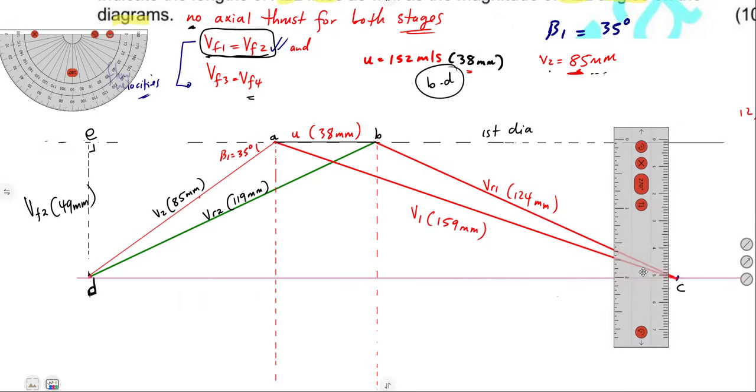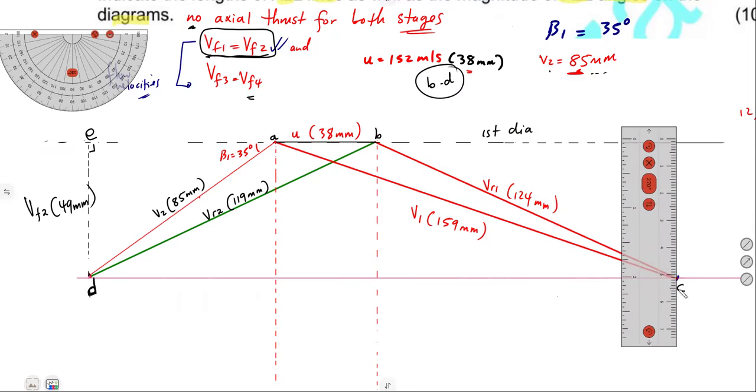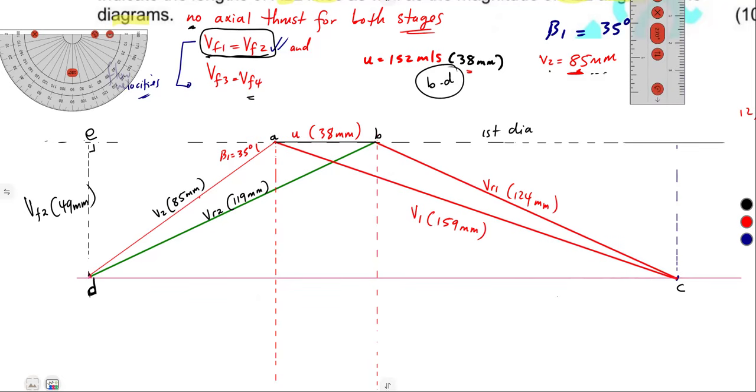Or you can simply take it from point C at 90 degrees. Automatically, what you are going to have there is going to give us the same measurement as what? Our VF2. That is another way to see that what you are doing is correct. So your VF1 direct as your VF2, 49 what? Millimeters. So that's it. And this one is at 90 degrees. So like I said, we are done.